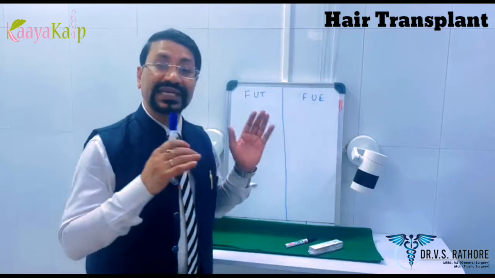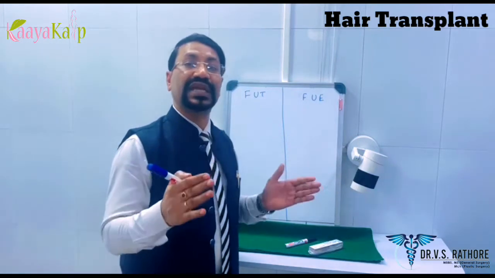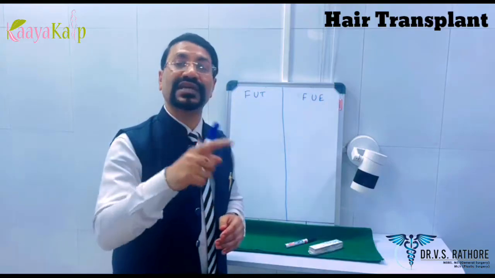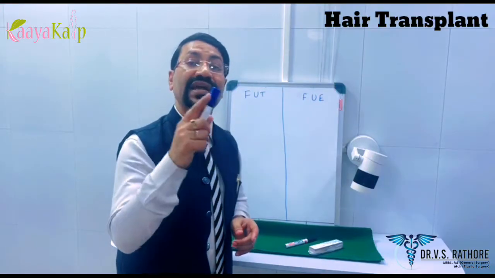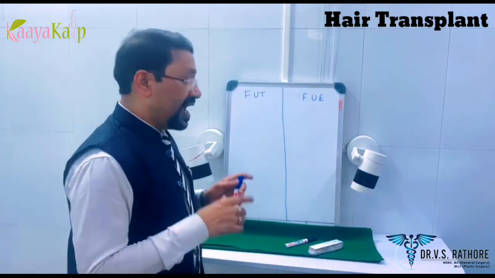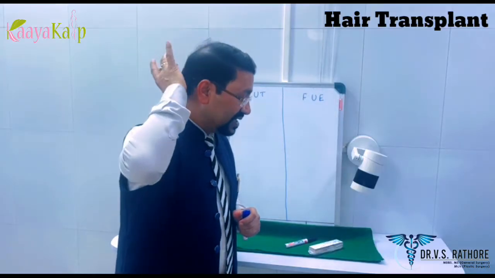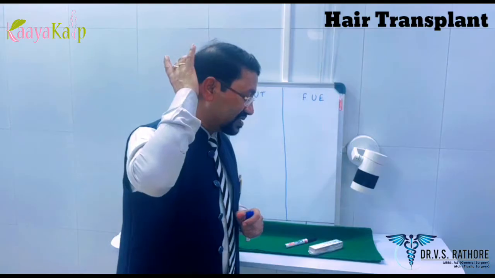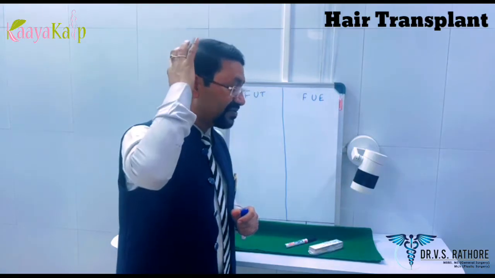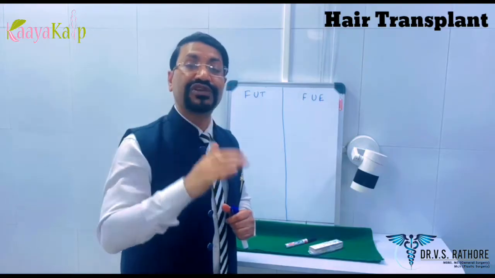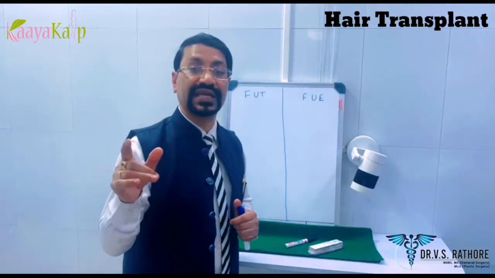Now, what is the essential difference between the FUT and FUE, or you can say what are the advantages or disadvantages of FUT and FUE? As you know, the donor area on the scalp, which is behind the scalp and above the ear, is a real permanent zone which we call a safe donor area.